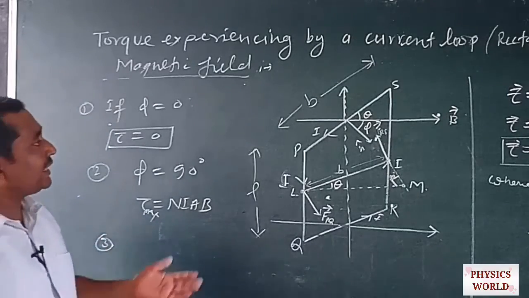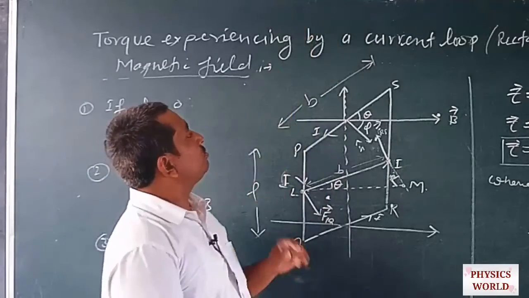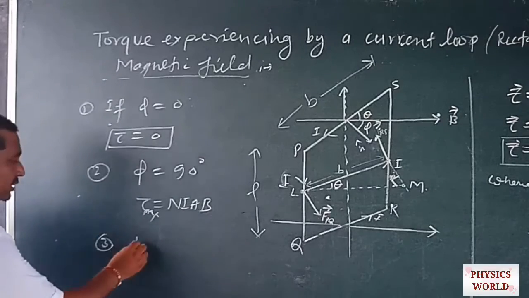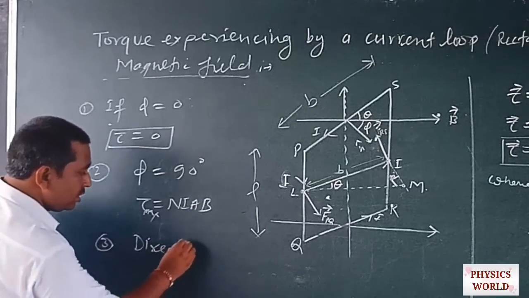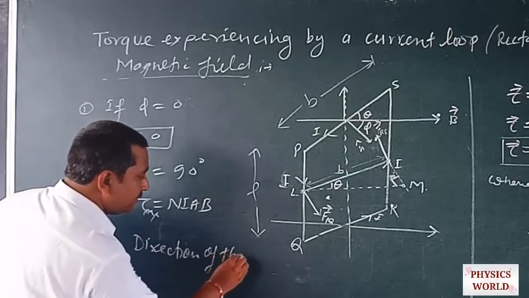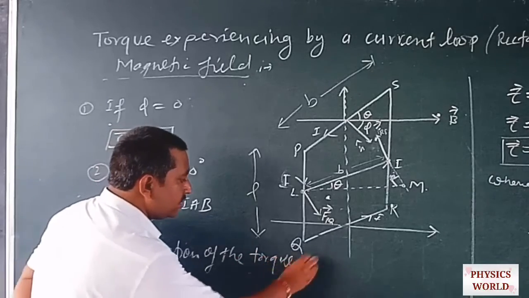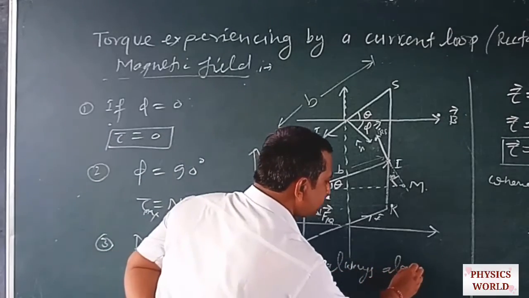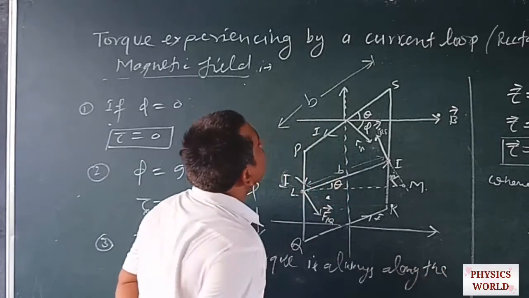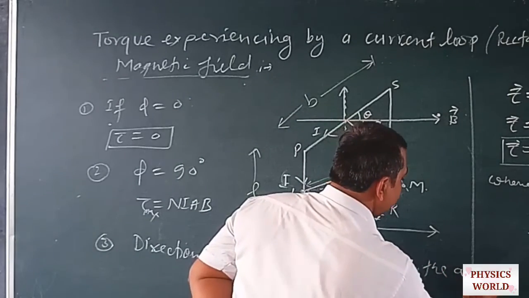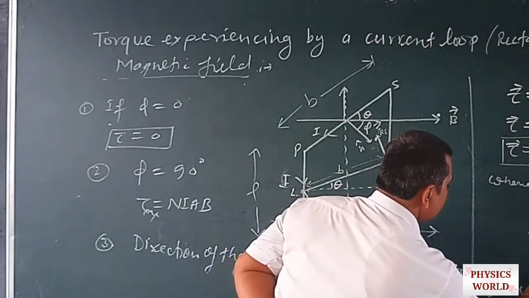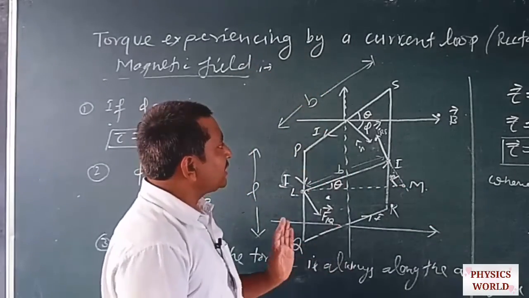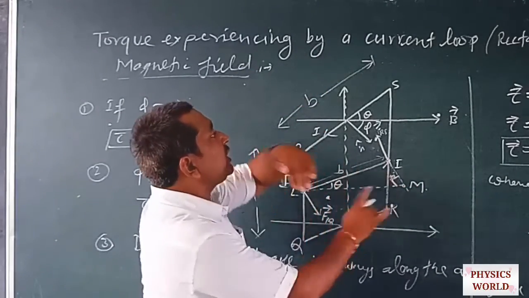Okay, and the direction of torque is always along the axis of the coil, and it may be upward or downward. It totally depends on the rotation of the coil.